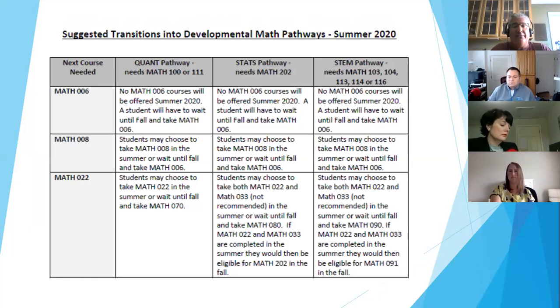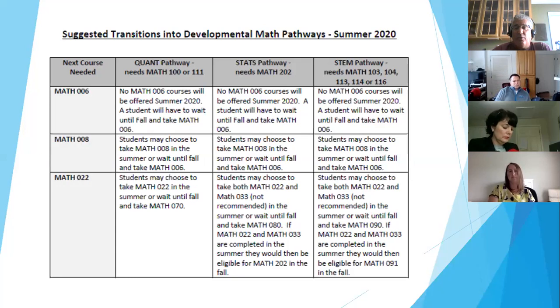And let's take an example down the third row. Start with Math 022, okay? Now, a student may choose, if they're in the quant pathway, that's the second column, to take the Math 022 in the summer, or they can wait and take 070 in the fall.